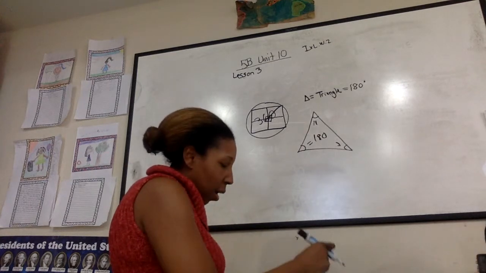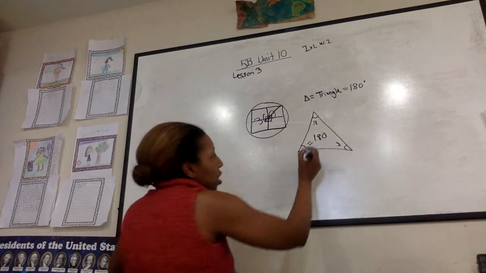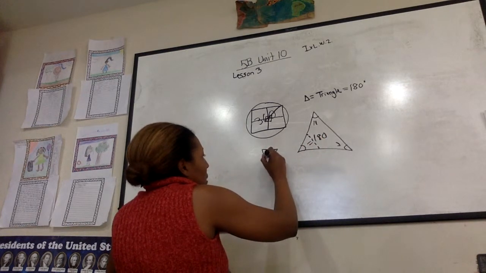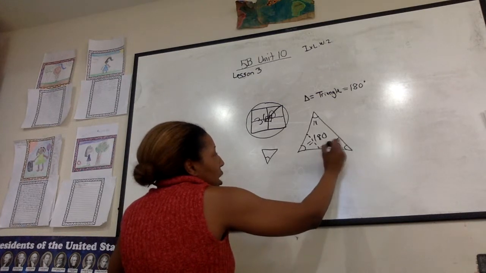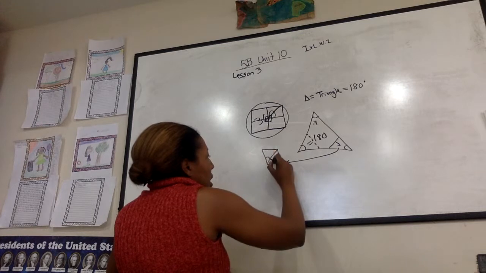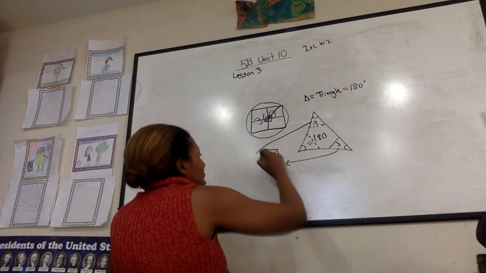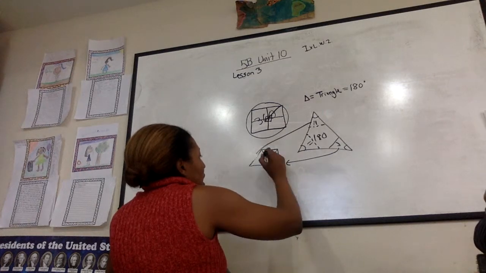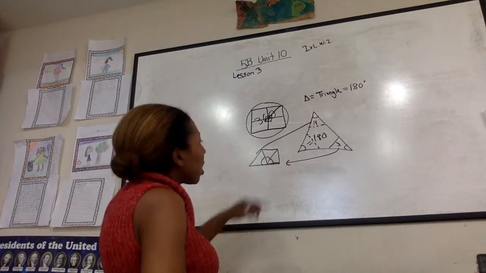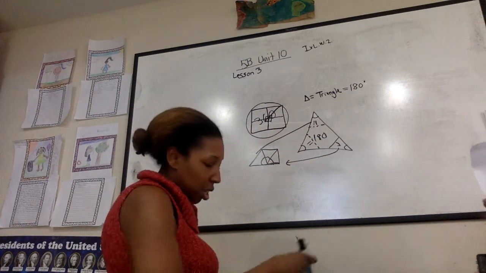Okay, now when we have triangles, basically what they're saying is if I took this and broke it and put it, let's say, like this, and then I took this and put it here, and then I took this and put it here, it would equal 180 degrees. So that's how they're getting the 180. Whether we split it or we put it like that, it's 180 degrees.